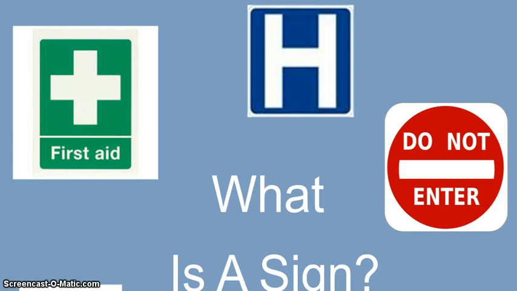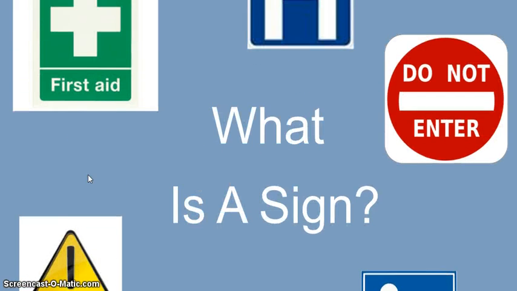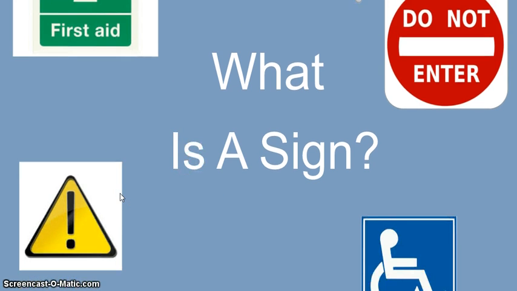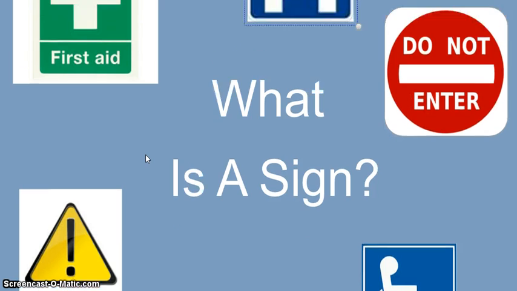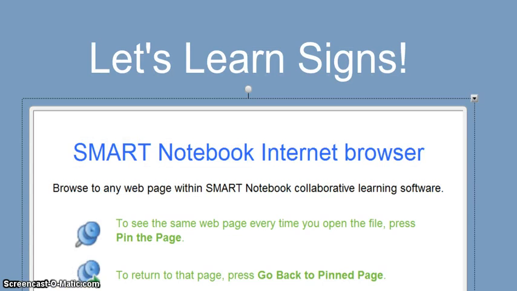The next standard is what is a sign? All of these have signs, and if you press on one, it has a sound also. First aid sign. Hospitals. These are signs that students see often, and they can identify which one it is.